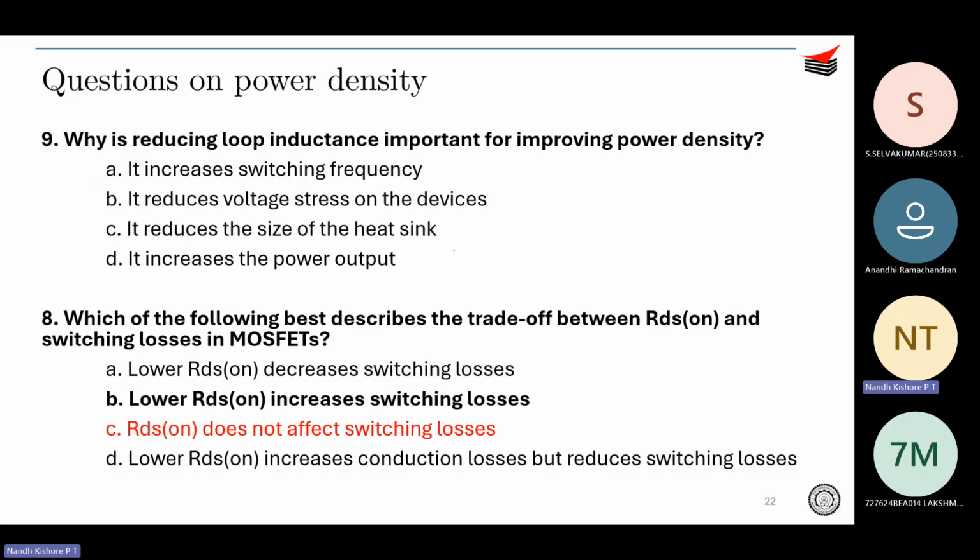Would it reduce the voltage stress on the devices? Reduces the size of the heatsink and increases the power output. So anyone knows the correct answer? Option A. So why would you say it?